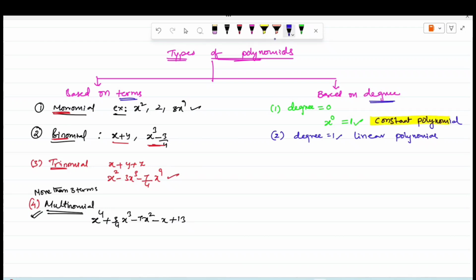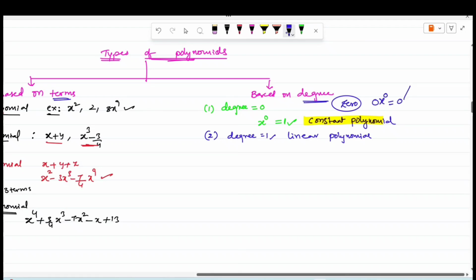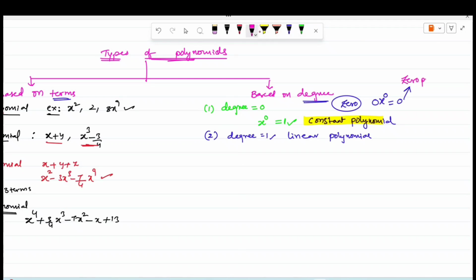Can I say all numbers are constant polynomials, since anything power 0 becomes 1? No. All numbers are constant polynomials except the number 0. We have the number 0: 0 into x power 0 gives 0. So 0 especially has a separate name, called the zero polynomial. This is entirely different from the constant polynomial.